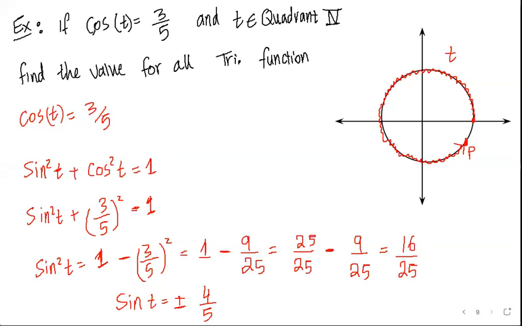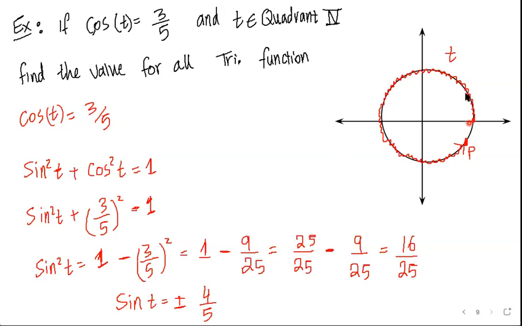Which one do I have to use, the positive or the negative for the sine? In the fourth quadrant, the cosine is positive and anything else is negative. So the sine in the fourth quadrant is supposed to be positive or negative?